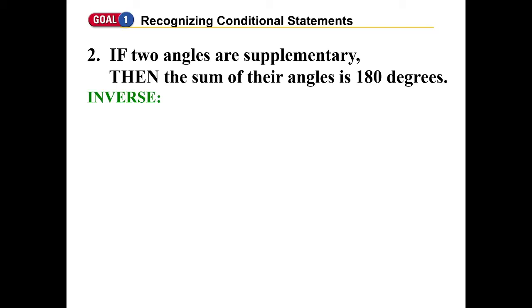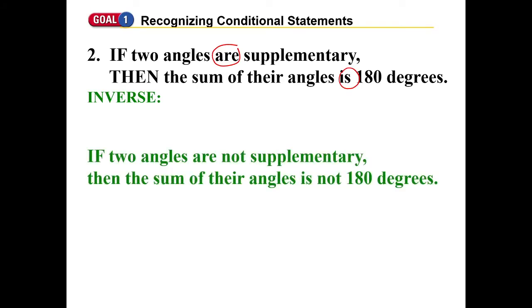If two angles are not supplementary, then the sum of their angles is not 180 degrees. So I'm going to put not directly. Just put the word not there, making it the inverse.